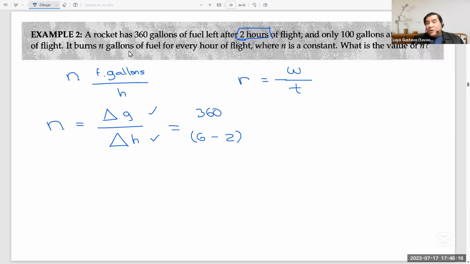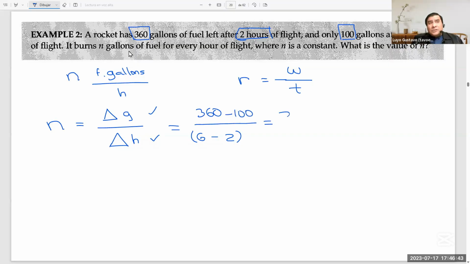It is whatever difference results between this and this value. If after 2 hours, this was the amount of fuel left, and after 6, this was the amount of fuel left, that means that in that difference of 4 hours of flight, the consumed fuel is this, 360 minus 100.